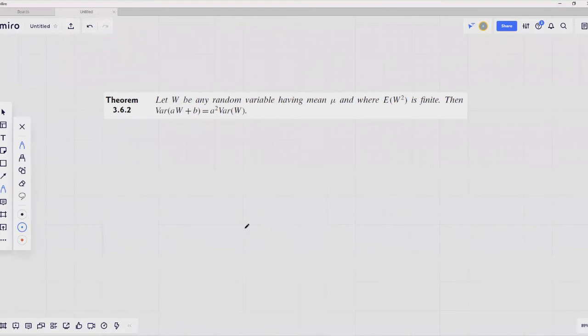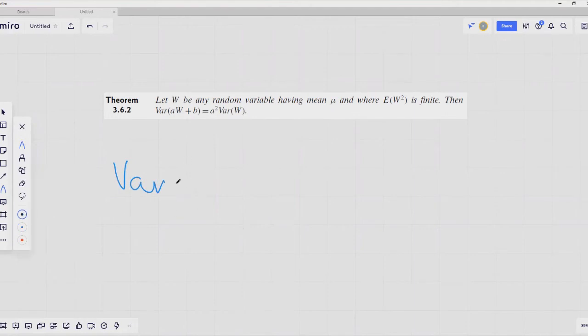The next useful property is given in the following theorem. If we recall, the expected value operator was a linear operator. However, when we are working with variance, variance is a quadratic operator. So let's prove that.